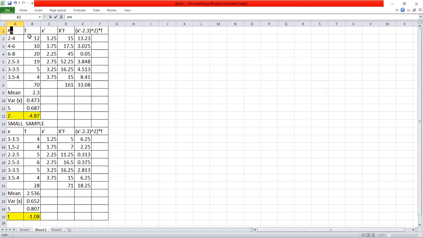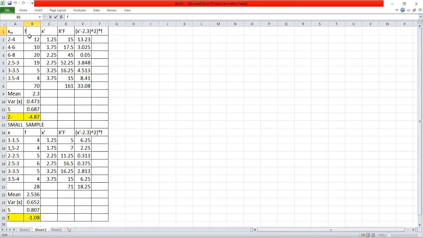Of course, this is also for males, so this is 6 to 8, and I'll just use simple figures. Then 8 to 10. Then 10 to 12. I'm calculating for you, you don't have to worry.